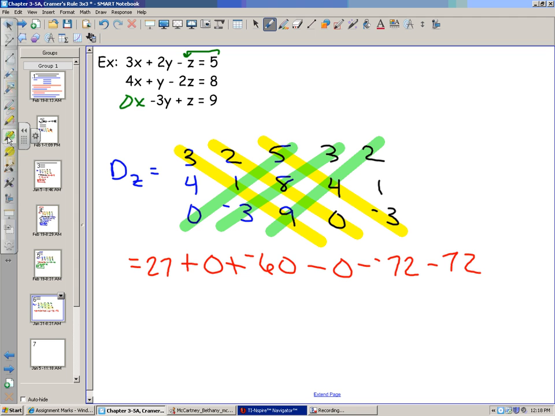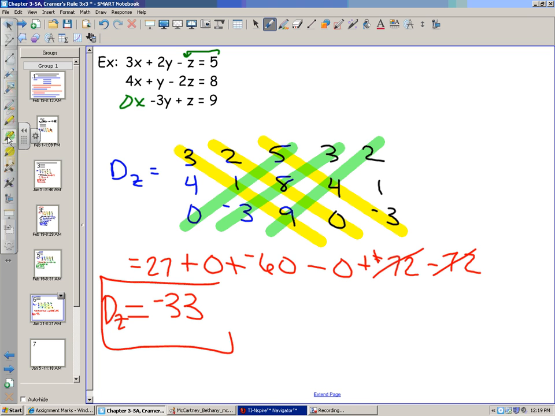We got it? Yes? What can I do with those 72s at the end? Those are gone, right? So 27 minus 60 gives me what? Negative 33. Y'all took way too long trying to punch that in.